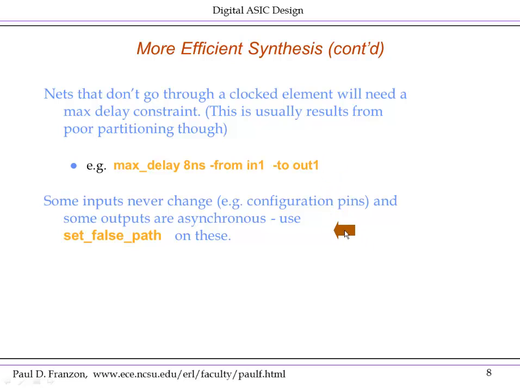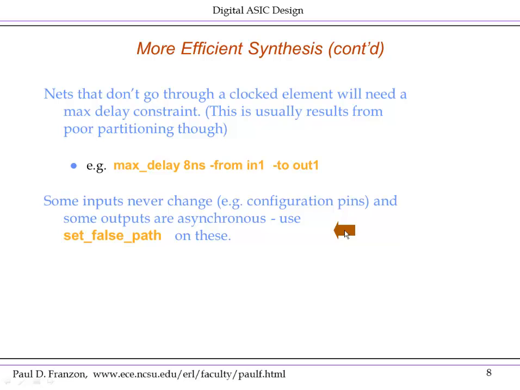Similarly, and this is something that actually can make your design more efficient, there are various paths in your design. Actually, reset is one of them. But others where you have configuration pins that are set on day one and never changed, coming into your design, which aren't intended to operate synchronously with the clock. They don't change at the clock rate. They change much less frequently.